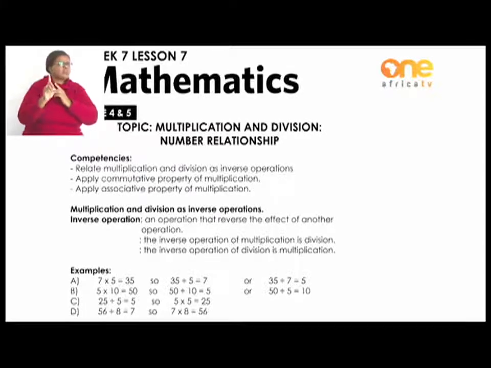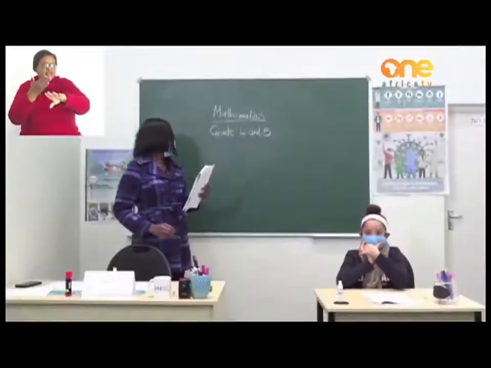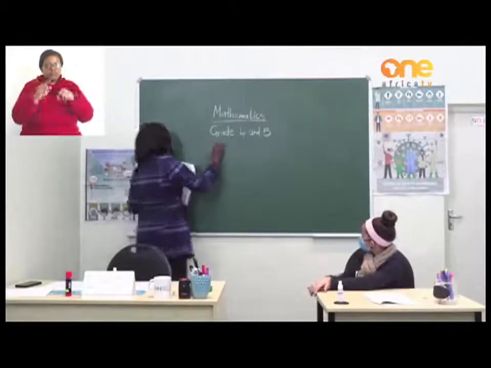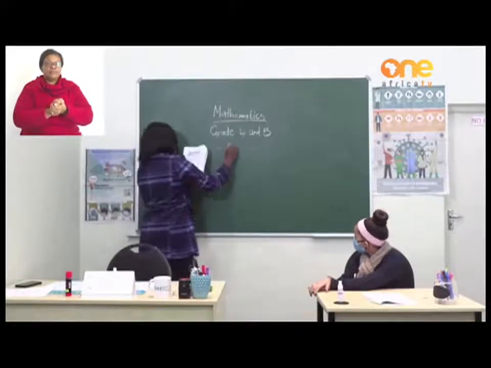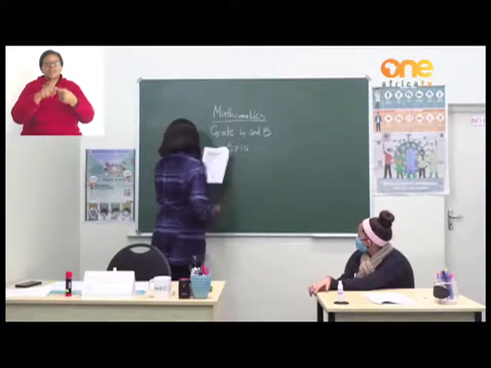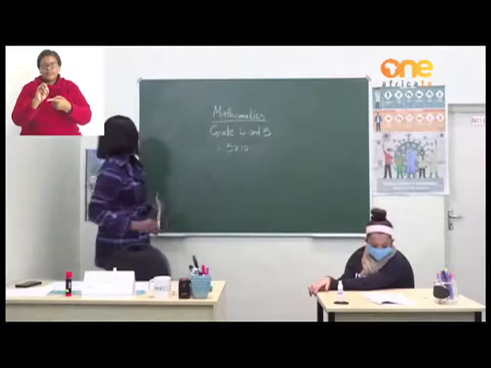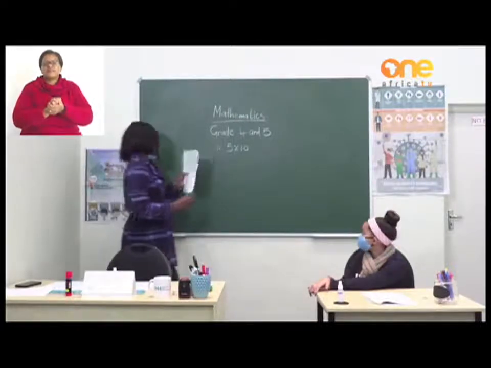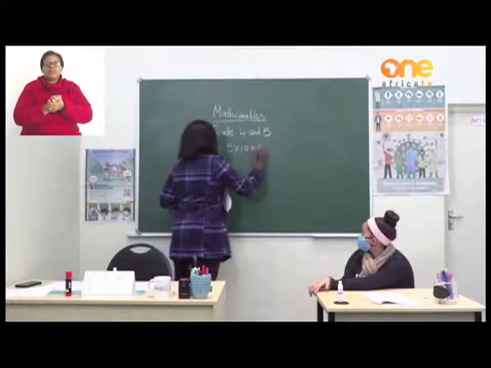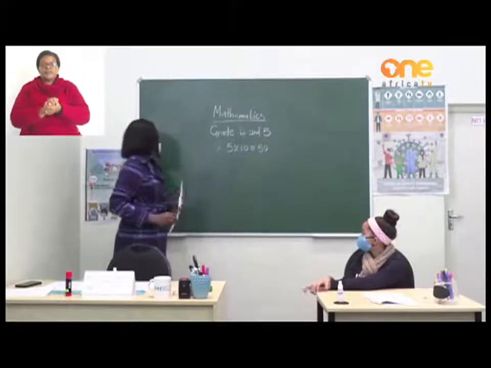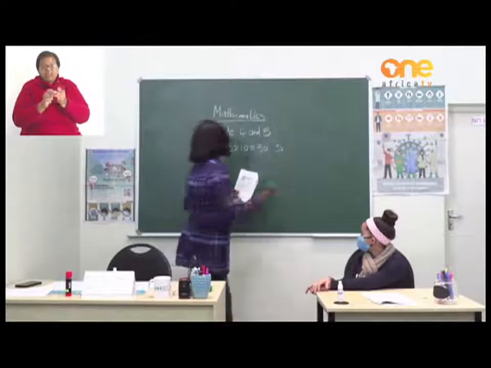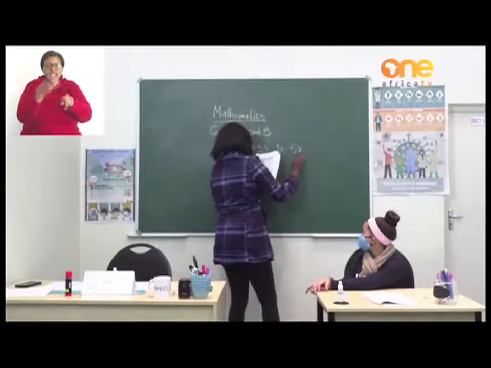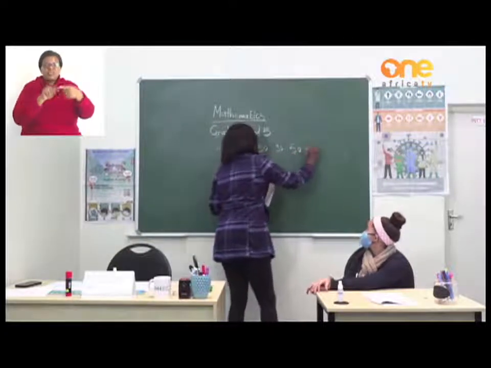Boys and girls, let's go on board with the first example. Number 1, we have 5 times 10. What is our answer? 5 times 10 is equal to 50. Good. So, inverse operation is the same as we have 50 divided by 10.